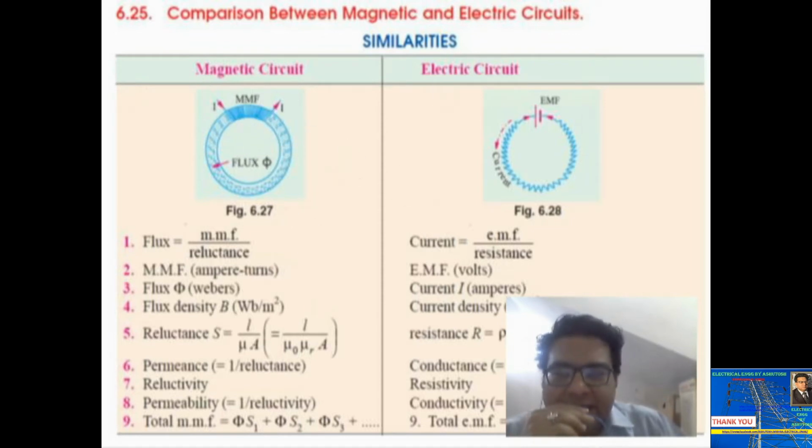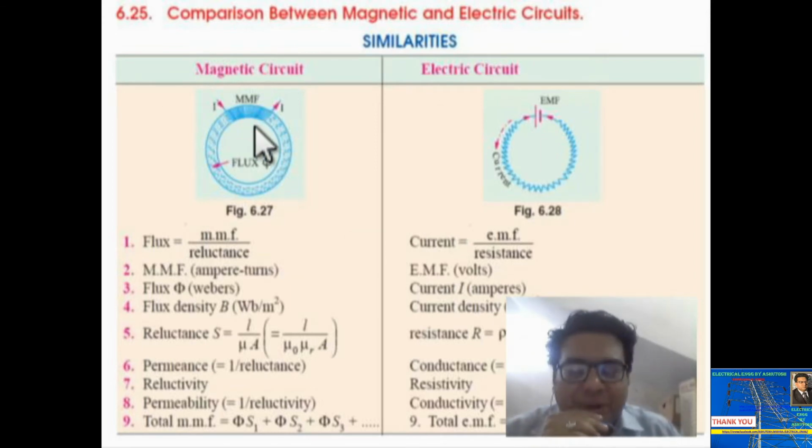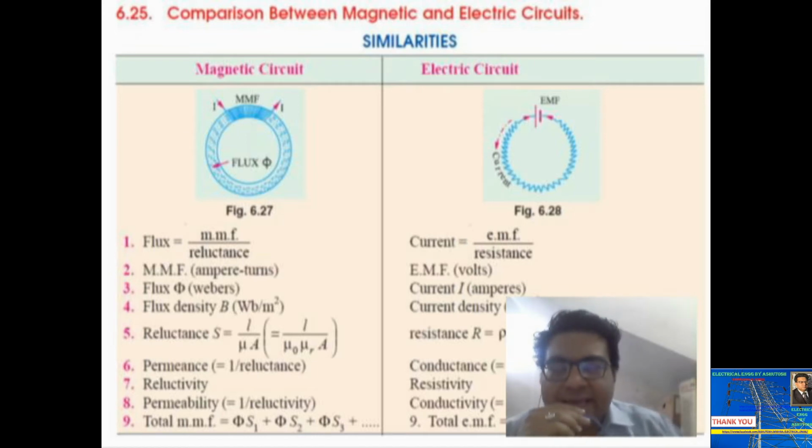You can see. And then guys, if you supply a current in this winding, an MMF will be produced. There will be a magnetomotive force which drives the flux in the core. You see, current will be circulated in the windings.